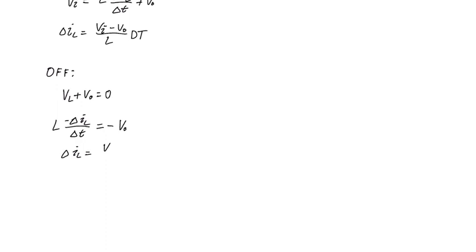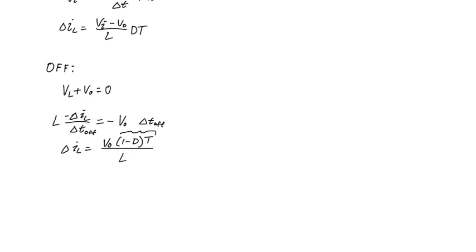So it's plus VO, multiplied by 1 minus D, multiplied by the period T, which is delta T, and then over L, right? So now we have two expressions for delta IL, which will be equal, right? And this is T off. There's a difference, so I can just write it here, T off.